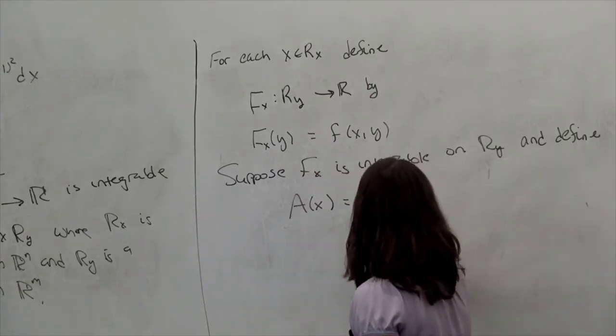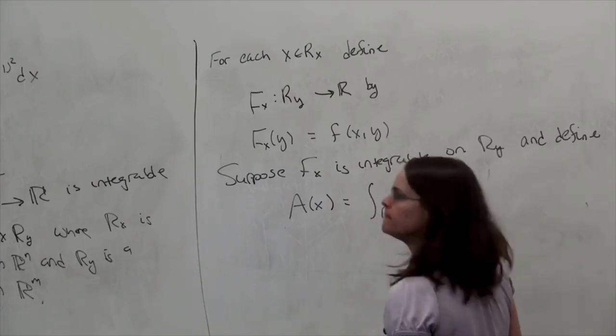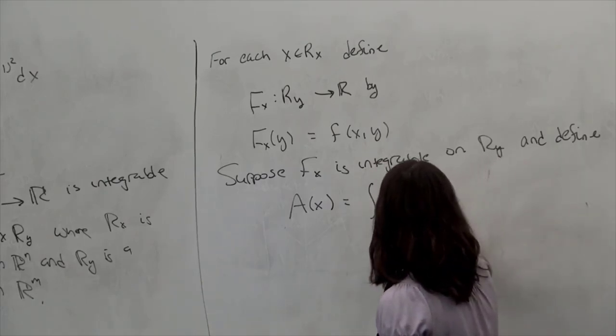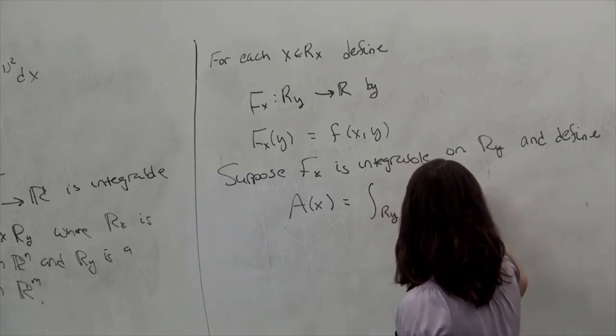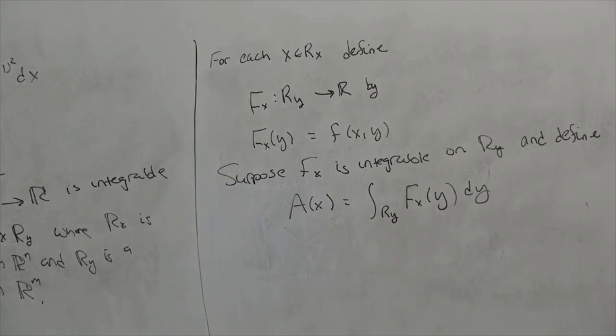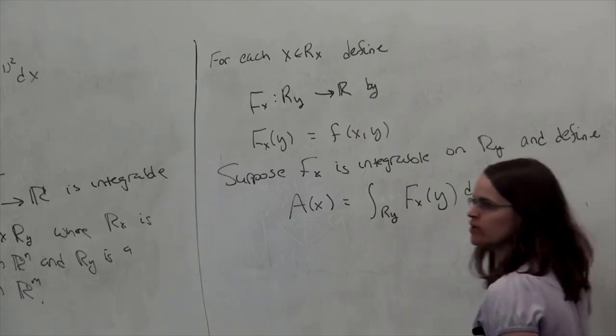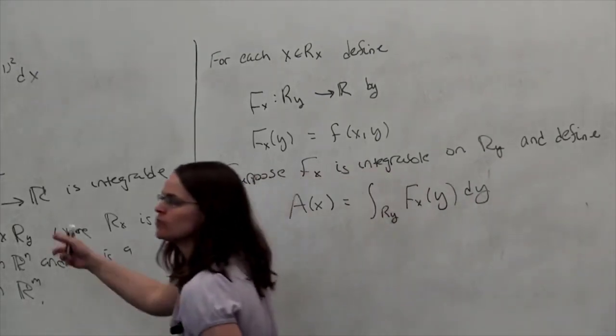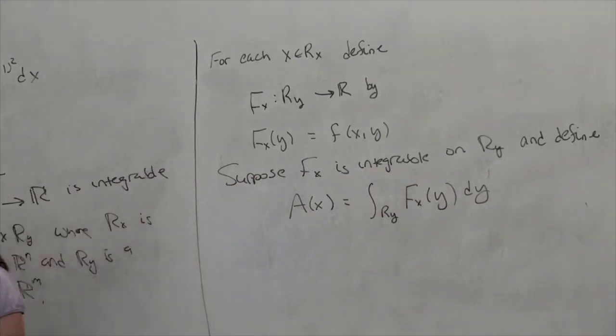So the integral over Ry of f sub x of y dy. I'm really just writing the Fubini's theorem we wrote before in 2 dimensions, where I've given different names to the intervals we had. I've replaced each of the intervals with these rectangles, but the theorem is not changing. And again, the proof is not changing.